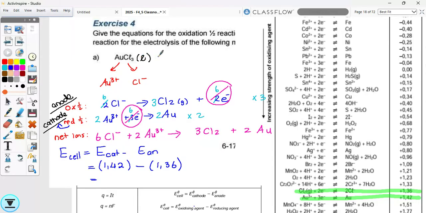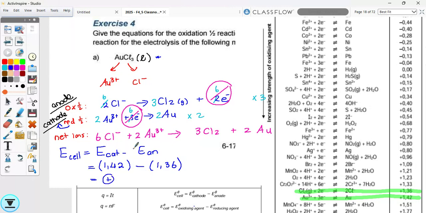So you can only do this when it's molten, and we'll get to that again when we do spontaneous. You couldn't have done this in water, because then they would directly react with each other. This is actually a spontaneous reaction because the answer is positive.